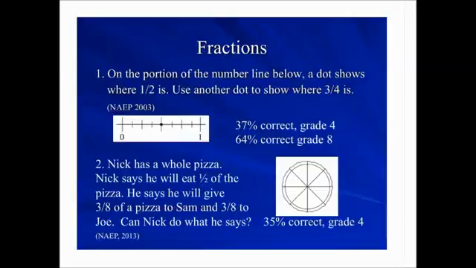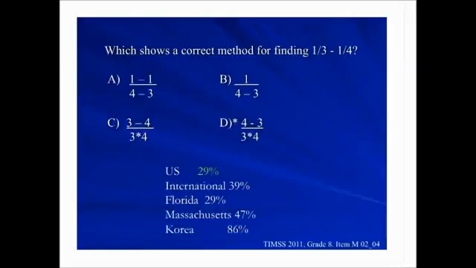Again, another fraction problem, this time from TIMSS. Kids can't figure out the procedure for finding the difference between those two fractions. And the interesting thing here is that even one of our best states, Massachusetts, only half of the kids in grade 8 could do this, whereas in Korea, 86% of the kids could do this. So there seems to be something out there that some students understand, not clear that we've actually figured it out in the United States.